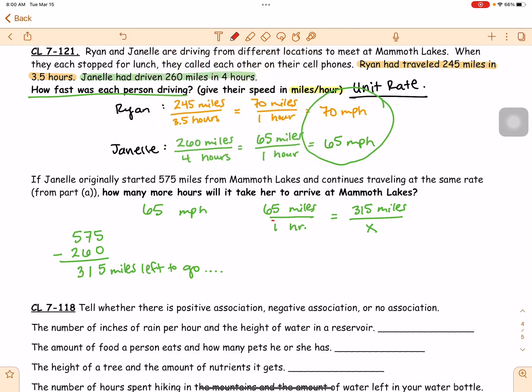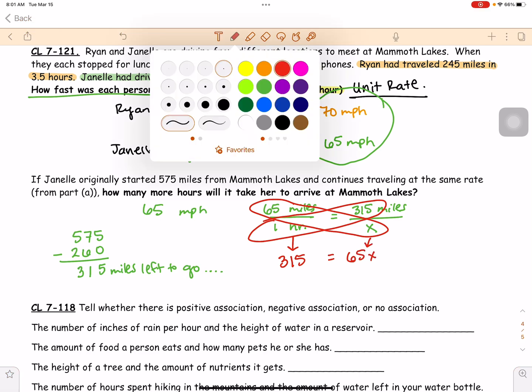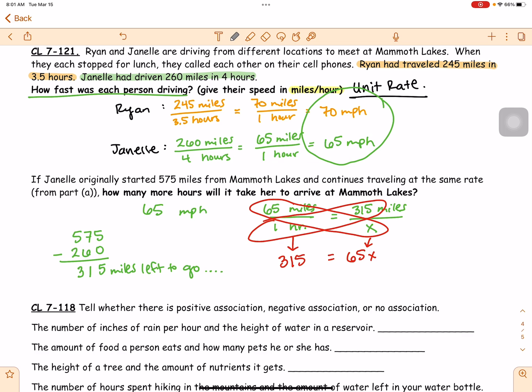So here we can cross multiply to solve this. So 1 times 315 is 315. And 65 times x is 65x. So now we must solve for x. We want to divide both sides by 65.